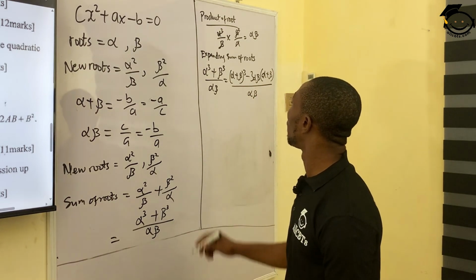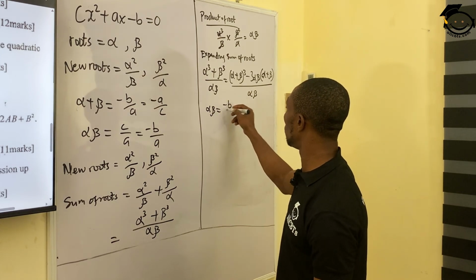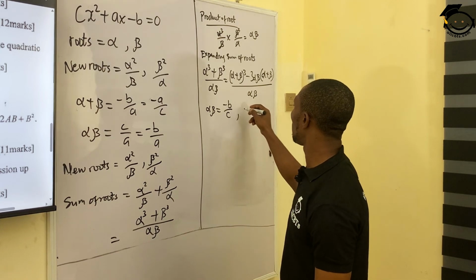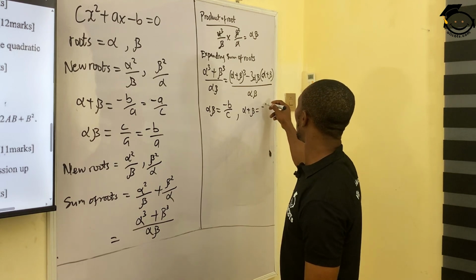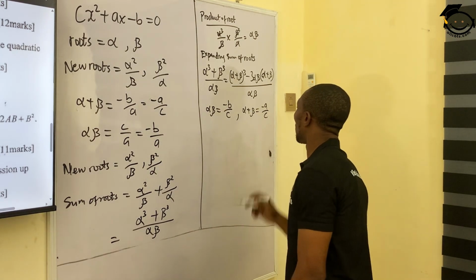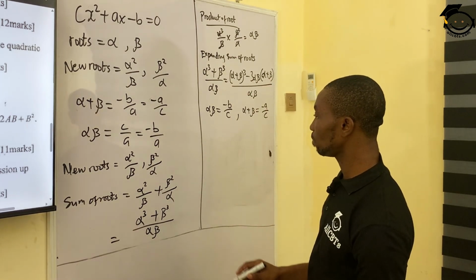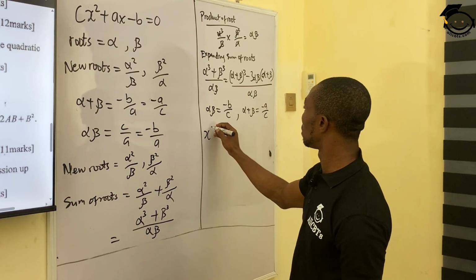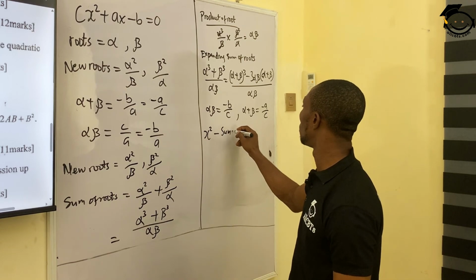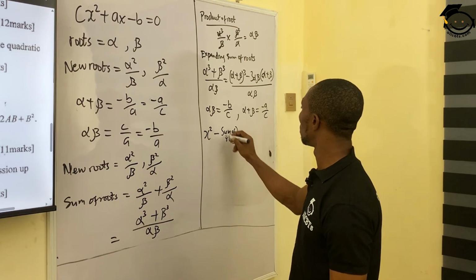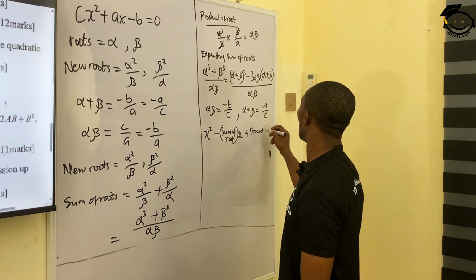But recall that our alpha beta is equal to minus B over C, and alpha plus beta equals minus A over C. Now, substituting these values, we are having x squared minus sum of roots x plus product of roots.